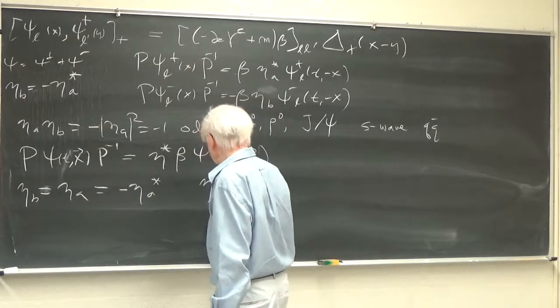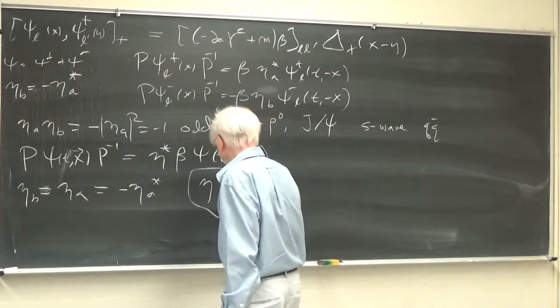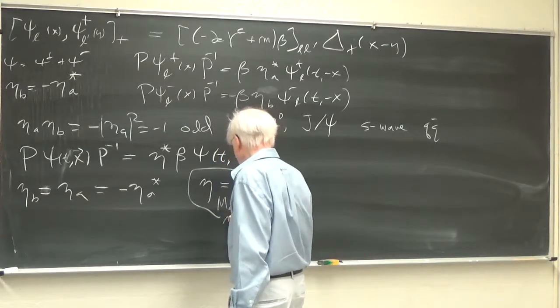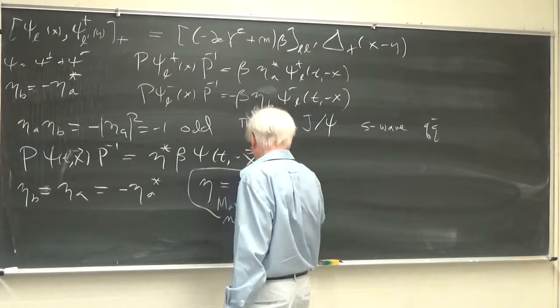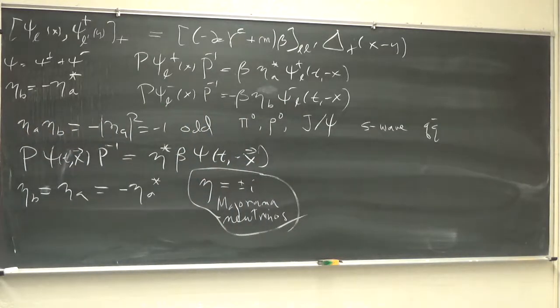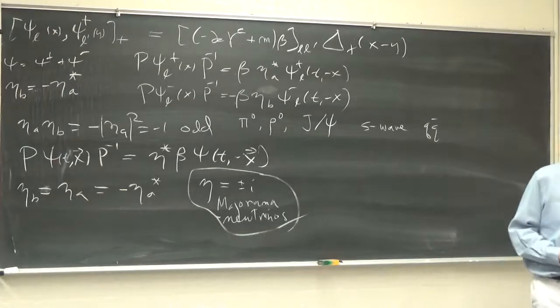So eta for a Majorana particle is plus or minus I. So for Majorana neutrinos, if the neutrinos are Majorana, we don't know. But if they are Majorana, then their parity is imaginary, which is a bit of a shock because we're used to thinking of parity as being plus or minus 1.